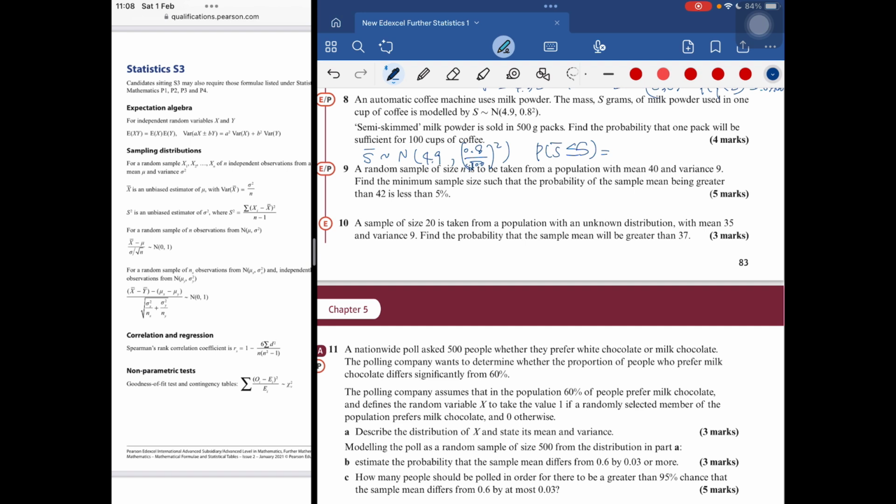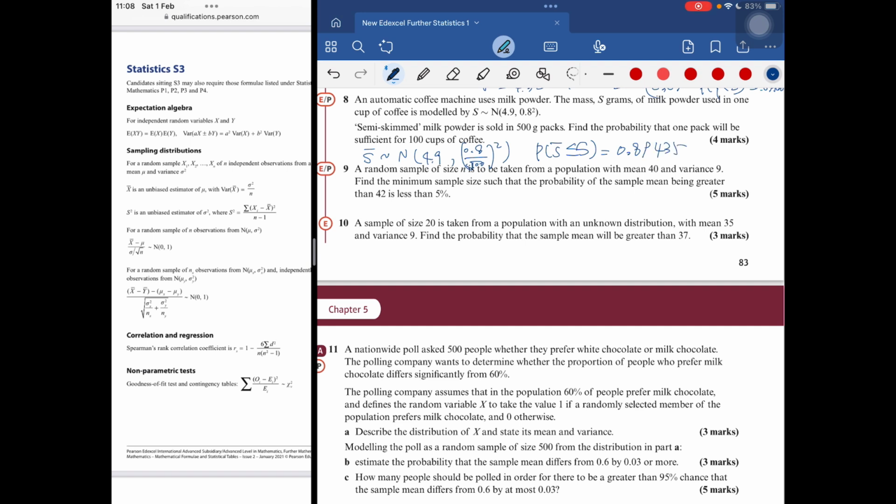So here, distribution with lower bound and upper bound, which is 5, mean 4.9, standard deviation 0.8 over 10, which is 0.08. So 0.89435.